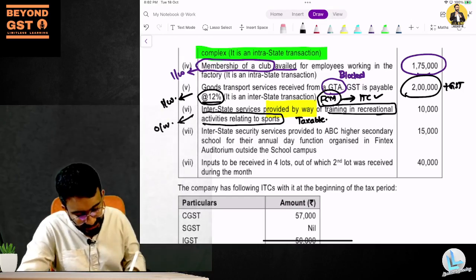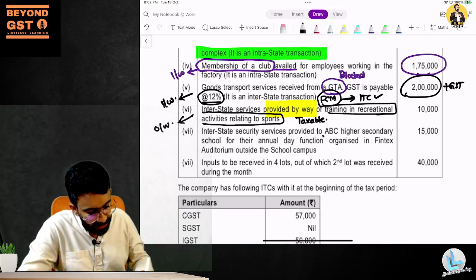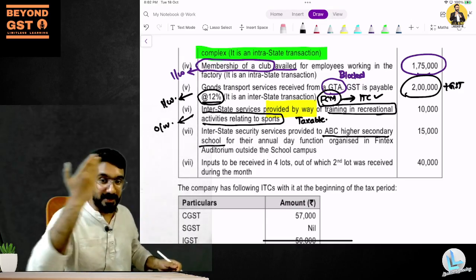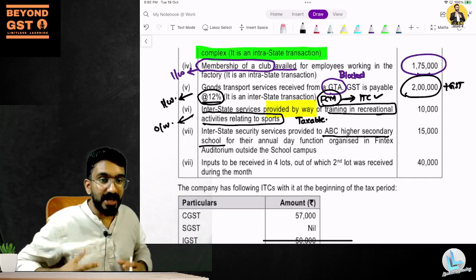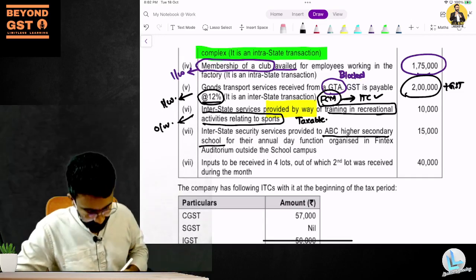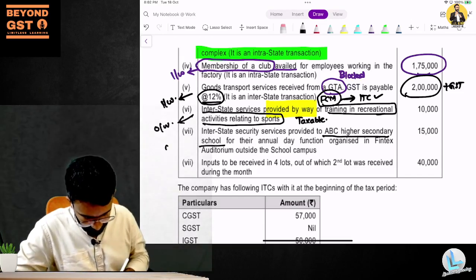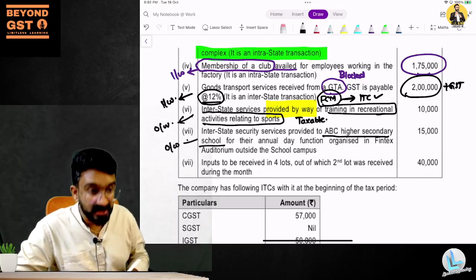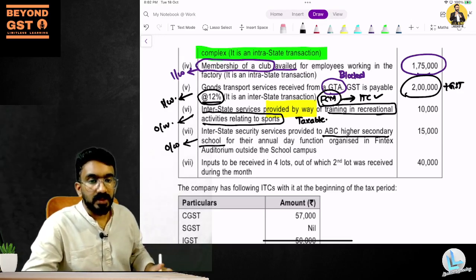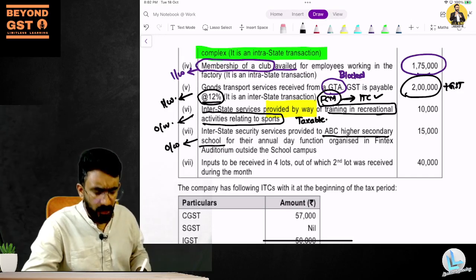Then, interstate security services provided to ABC High Secondary School. See, this point is something that we've already discussed in the previous question. Is it an inward supply or an outward supply? It's an outward supply. It's a service provided to a school by them. Next question is for their annual day.